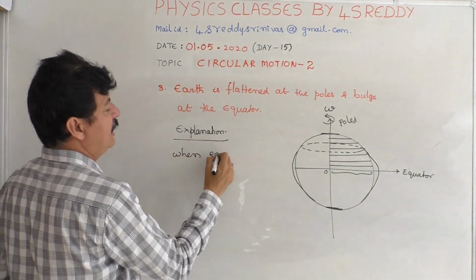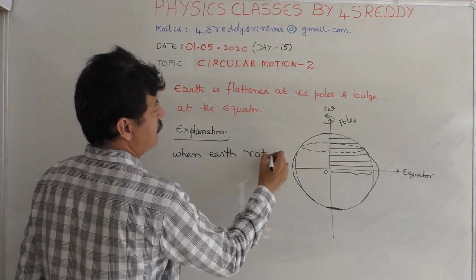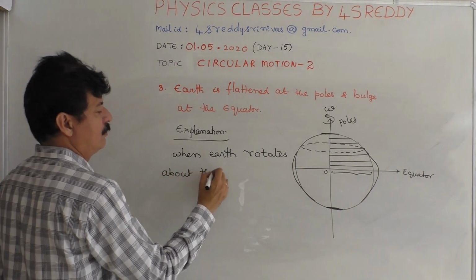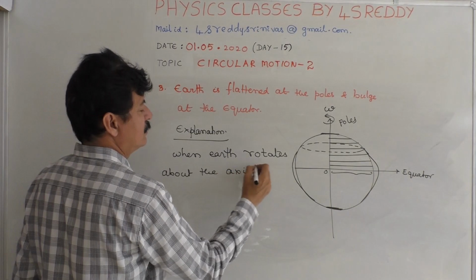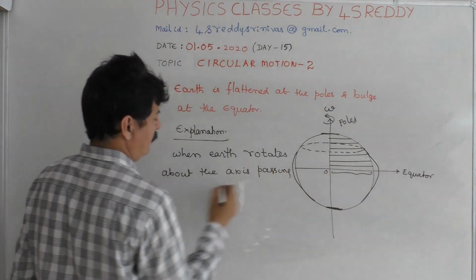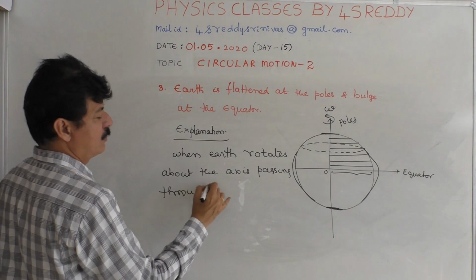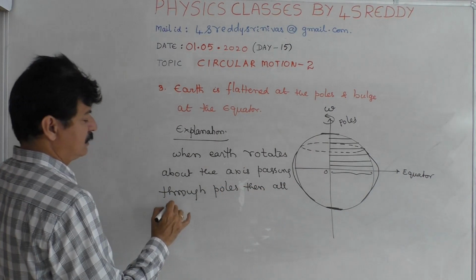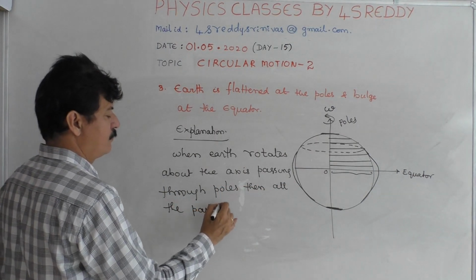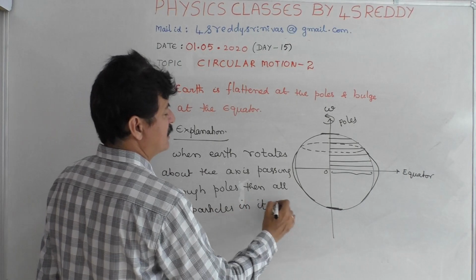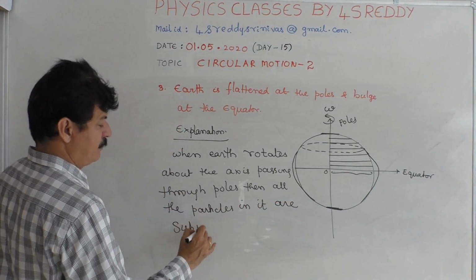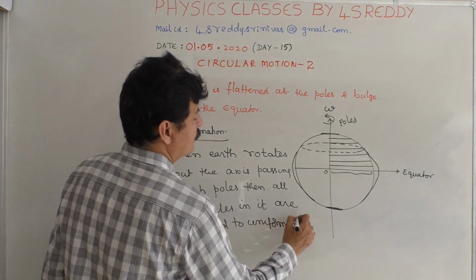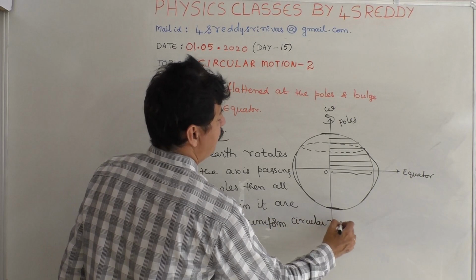So here, what you can write is: when Earth rotates about the axis passing through the poles, then all the particles in it are subjected to uniform circular motion.